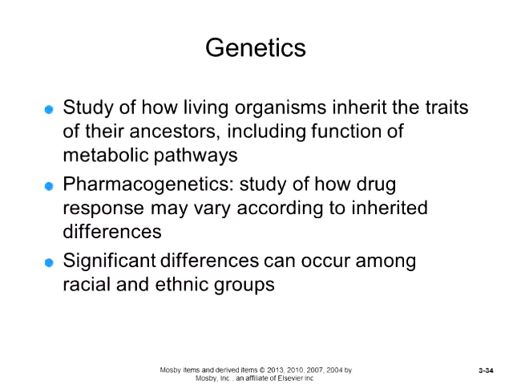Genetics is the study of how living organisms inherit the traits of their ancestors, including function of metabolic pathways. Pharmacogenetics is the study of how drug responses may vary according to inherited differences. Significant differences can occur among racial and ethnic groups.